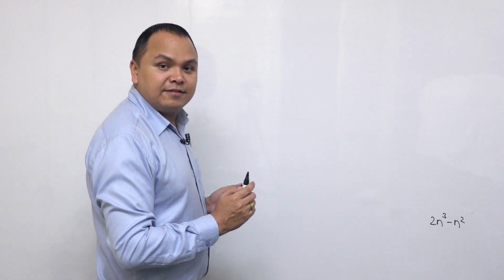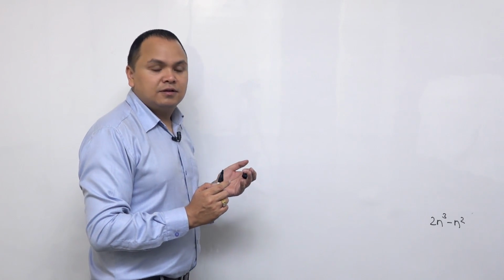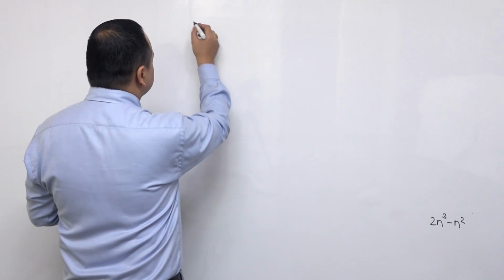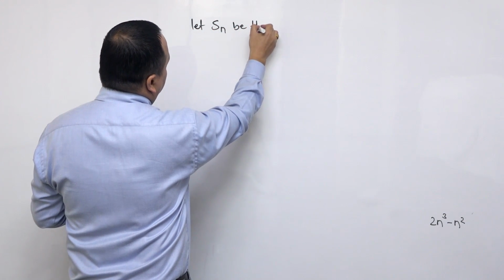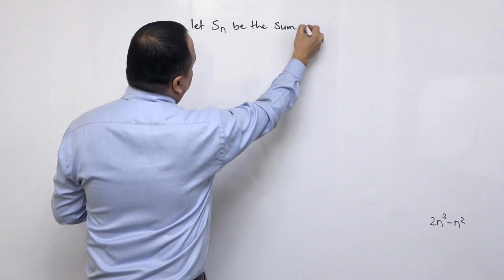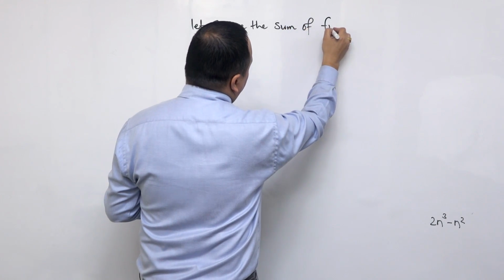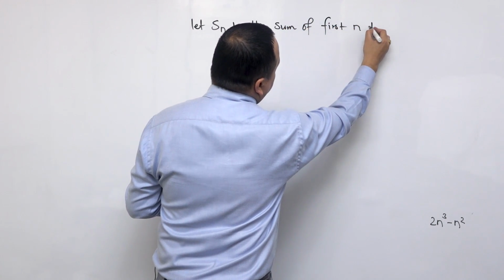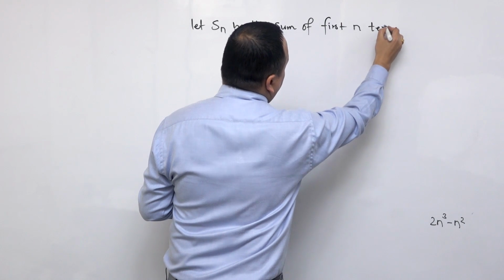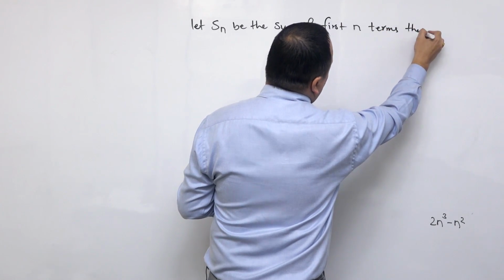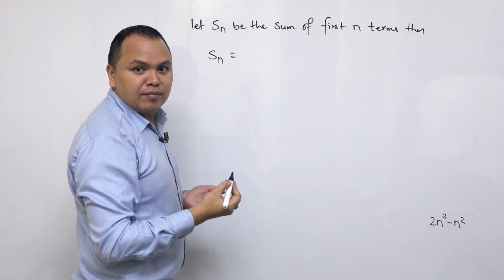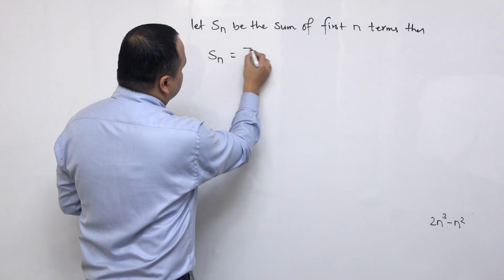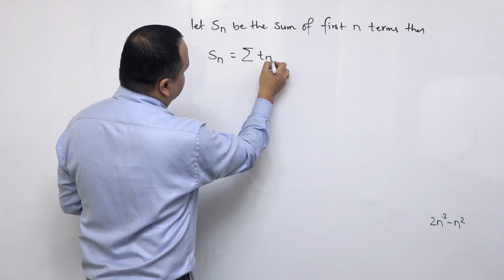Okay, let Sn be the sum of first n terms. Then Sn is equal to sigma Tn, summation Tn.